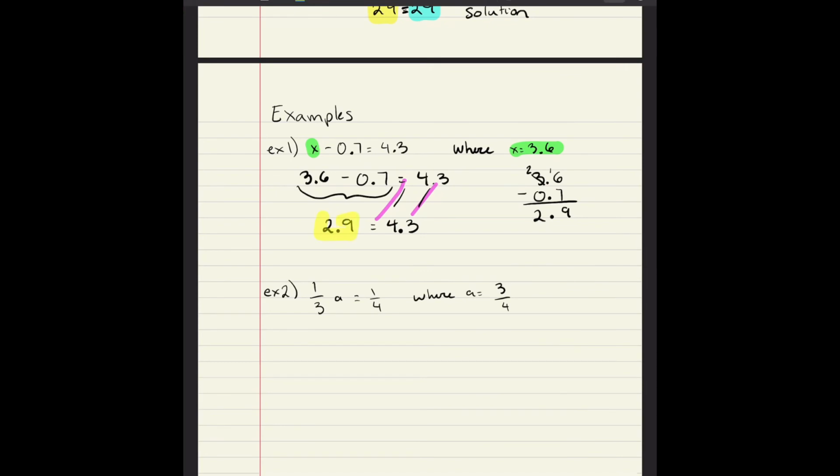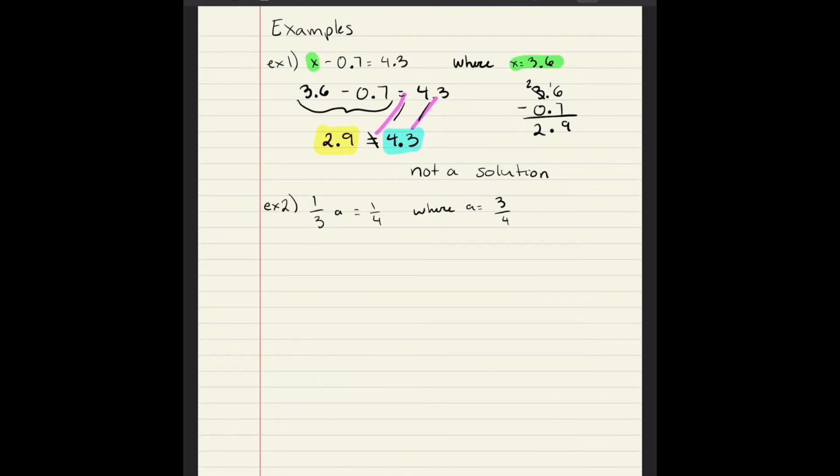And the solution we found was 2.9, and we want to compare that to the original answer in the equation, which was 4.3. So are those two equal? No. So it is not a solution.